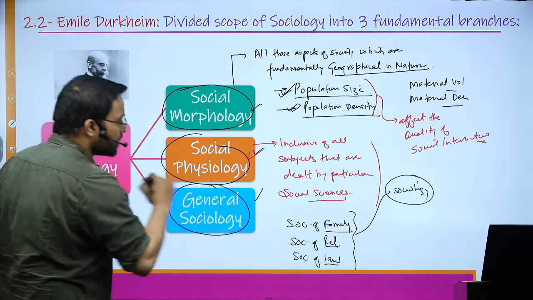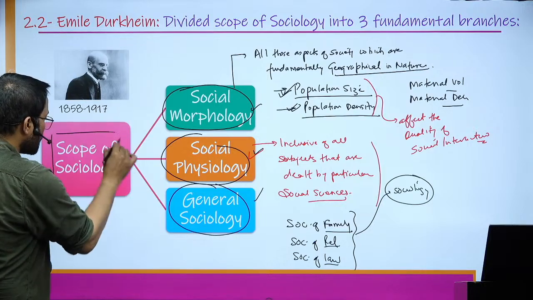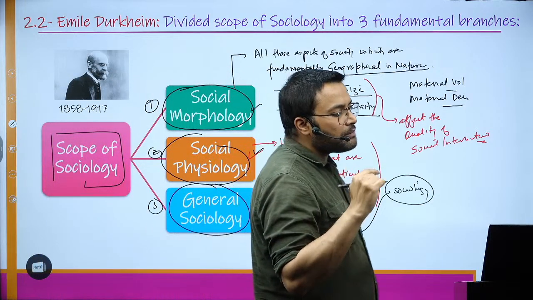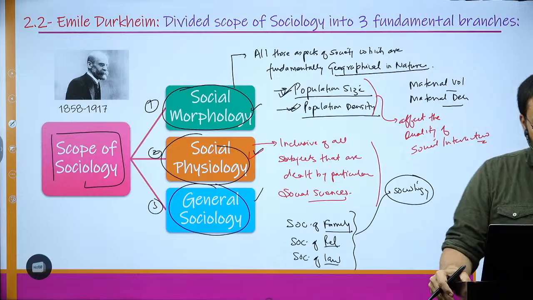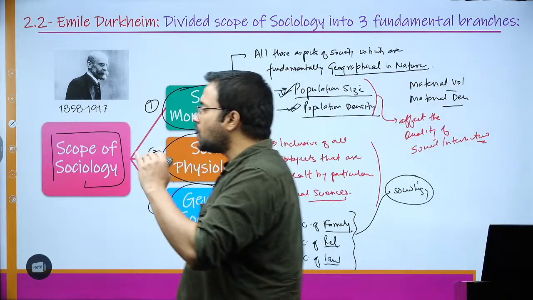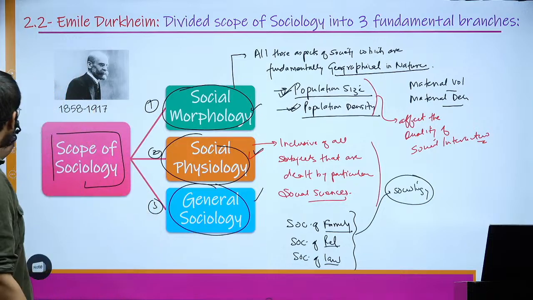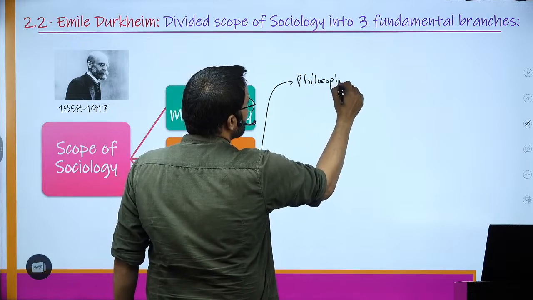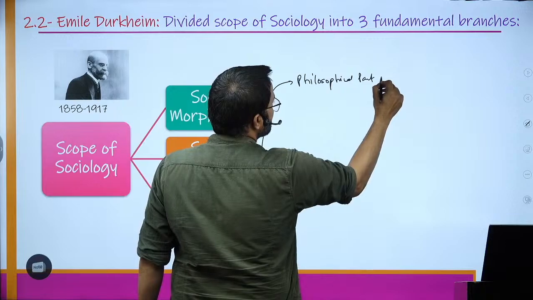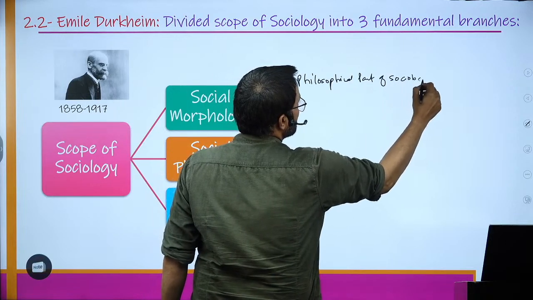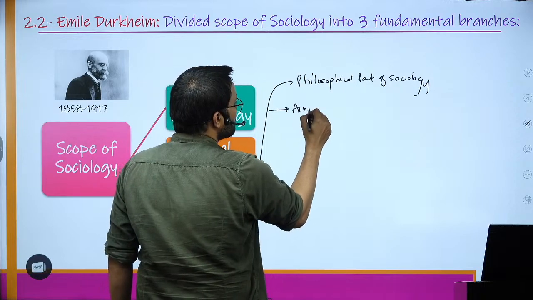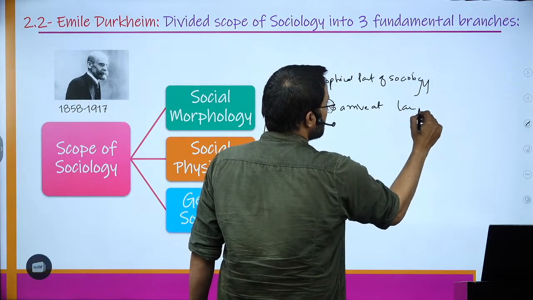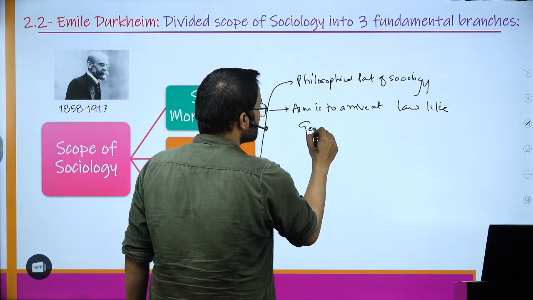Now what is general sociology? He divided the scope of sociology into three parts, and general sociology is the philosophical part of sociology. The main function of general sociology is to arrive at some kind of law, to find out the law governing society, and the aim is to arrive at law-like generalization.